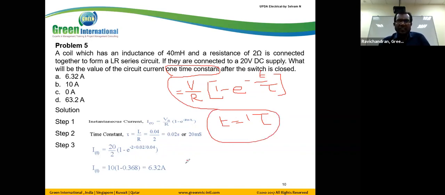So that is equal to V by R times (1 minus e to the power of minus 1).